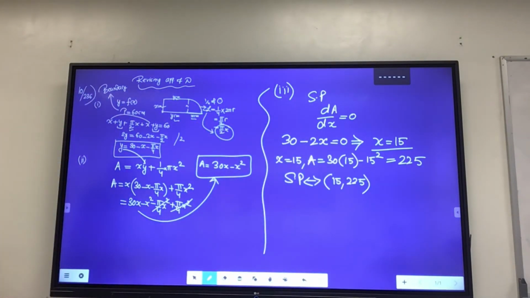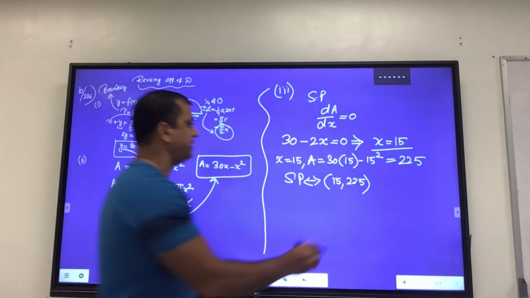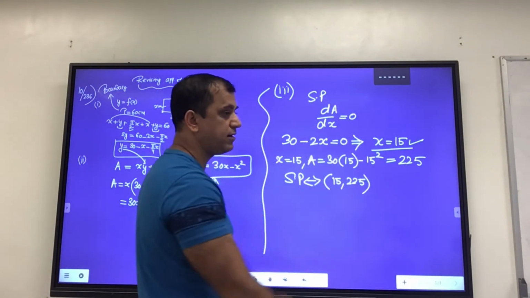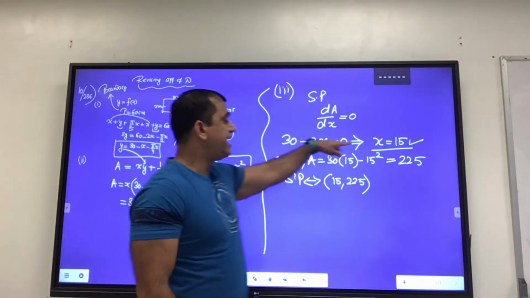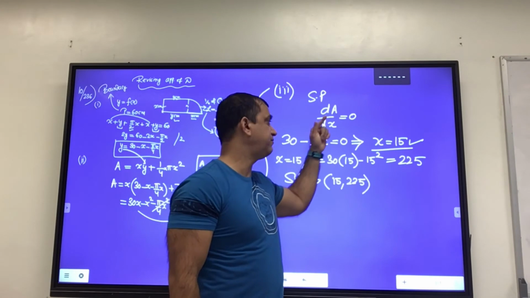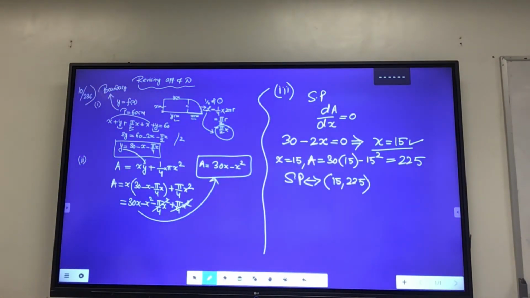Question was, find the value of x at which A is stationary. Actually he's asking only this thing. We do it extra, but we will use it in the next part, don't worry. So x equal 15. So value of the x where A has stationary point is 15. Fourth part, find the stationary value of A and determine whether it is maximum or minimum.